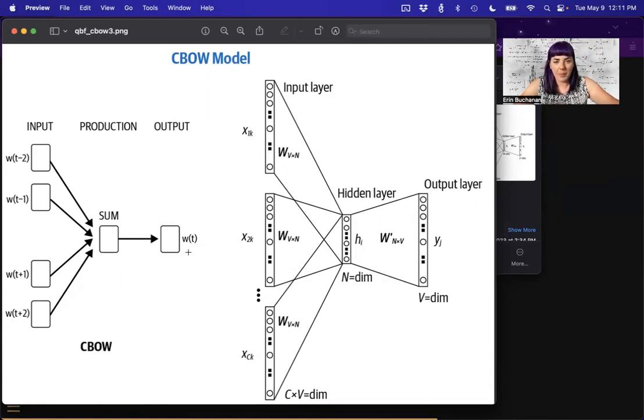This is the more conceptual model. The more mathematical model is over here, right? We have an input layer of all of the word vectors by context. The hidden layer compresses them through dimensionality, and it feeds into the output layer, where the output layer is all of the vocabulary and creates a probability distribution.